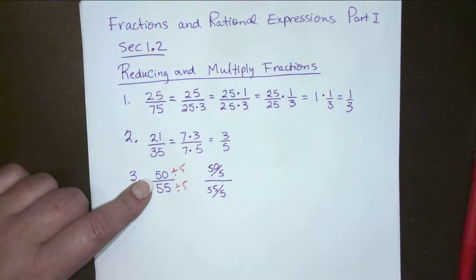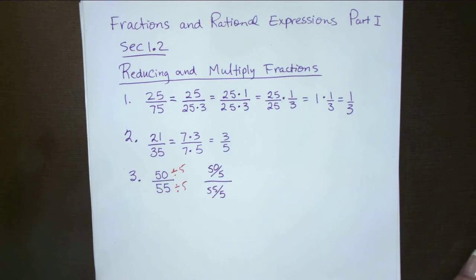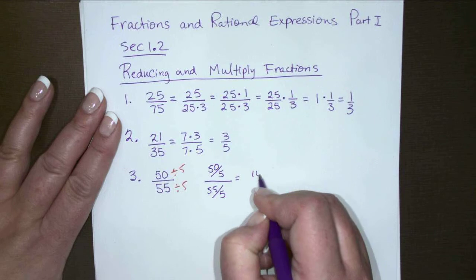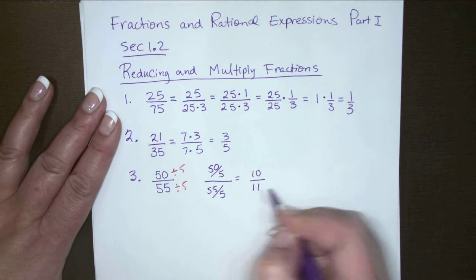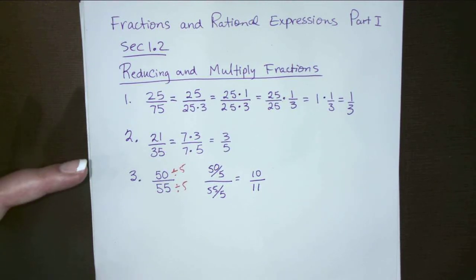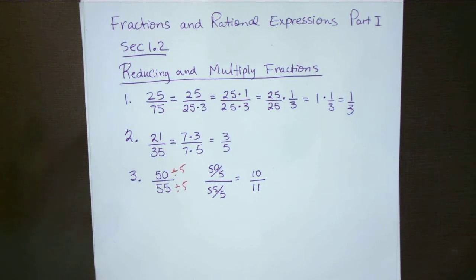People don't usually like fractions, but they're actually adding a fraction in when you're doing that. Does that make sense? So 50 divided by 5 is 10, and 55 divided by 5 is 11. Then at some point, if the numbers are big, you might say, can this go further? Like, is there a number we can divide into both 10 and 11? And the answer would be no, so you've reduced the whole way.